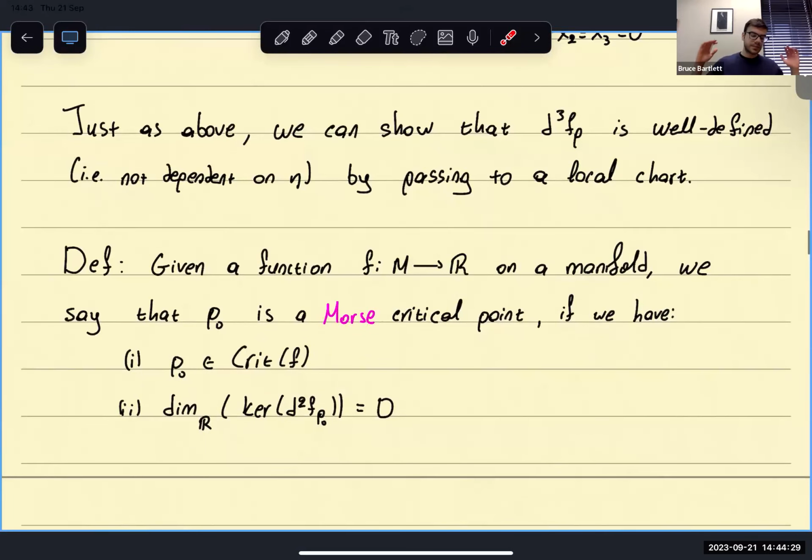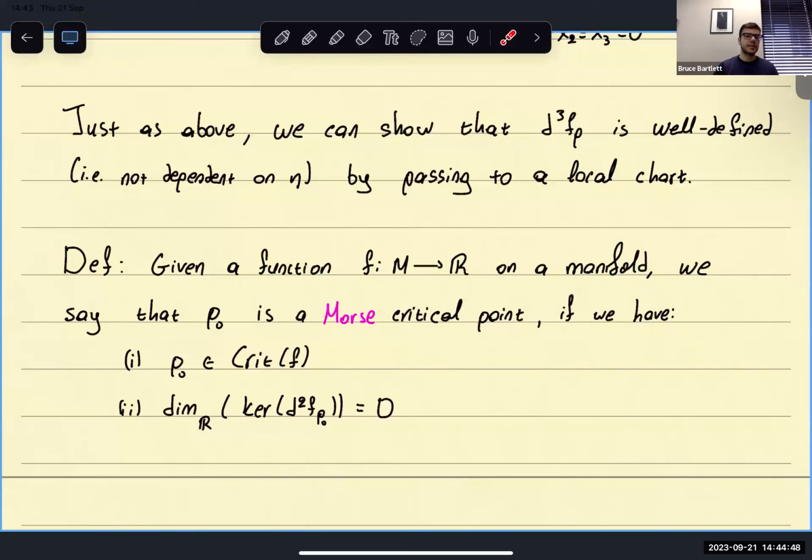And so now if you want a coordinate independent definition for a Morse critical point, you would say that a Morse critical point is a critical point, and if I look at this intrinsic Hessian, its kernel has dimension 0.